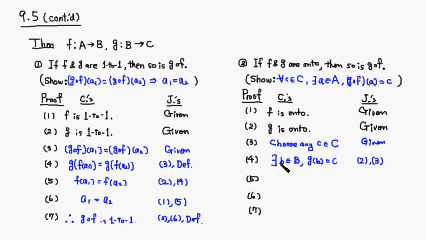But since b is in B, and f is onto, there must be some element a in set A such that f of a will be equal to this b. I'm using the fact that f is onto by itself, and that b is in set B, so I'm using line 4.